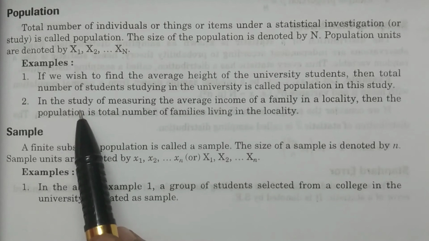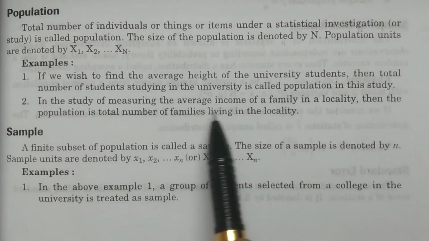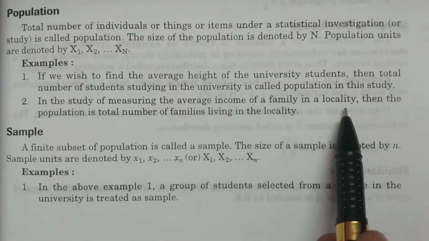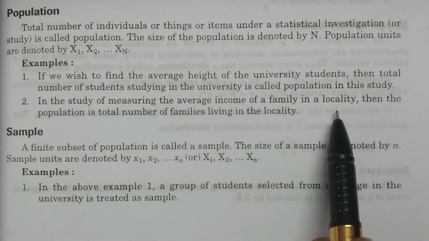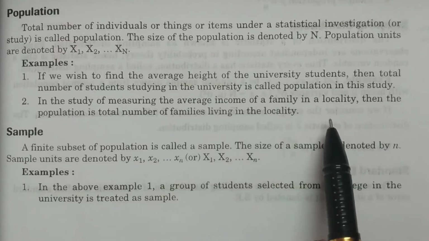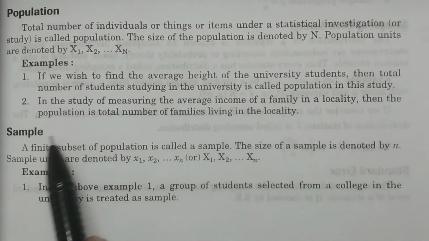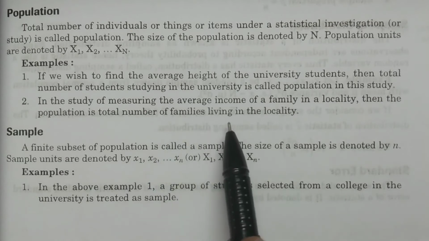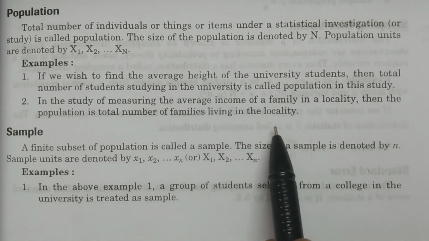Another example: in a study of measuring the average income of a family in a locality, or a particular place in a city, the population is the total number of families living in that locality.